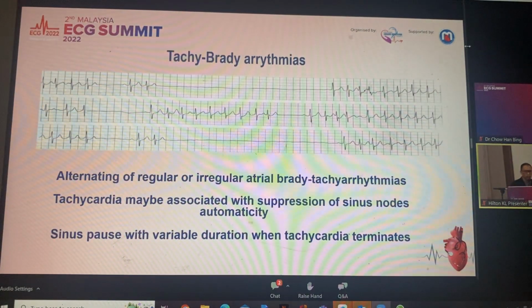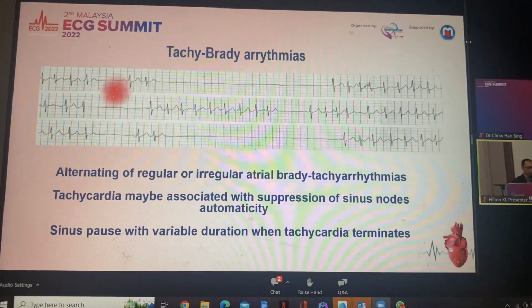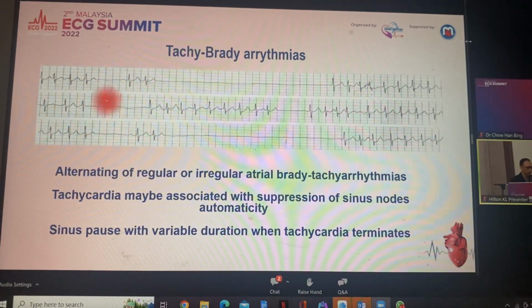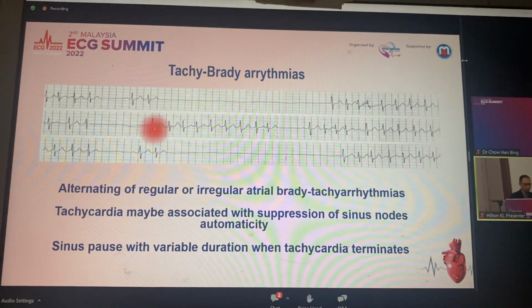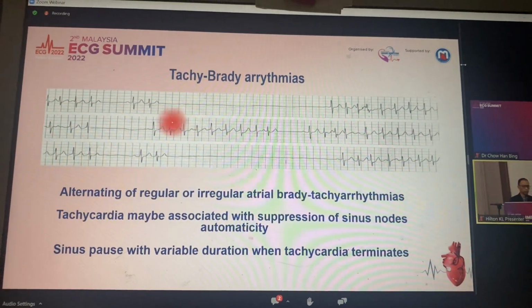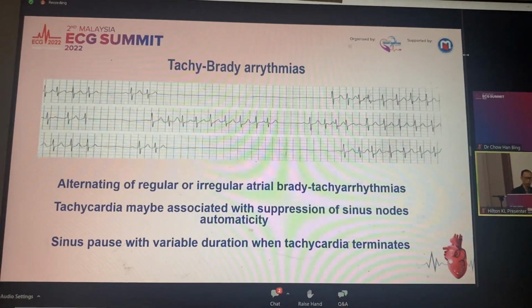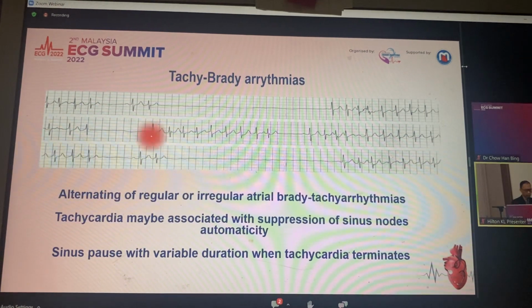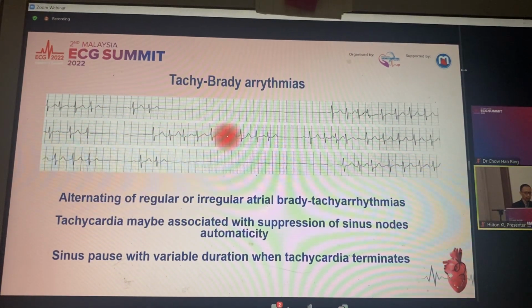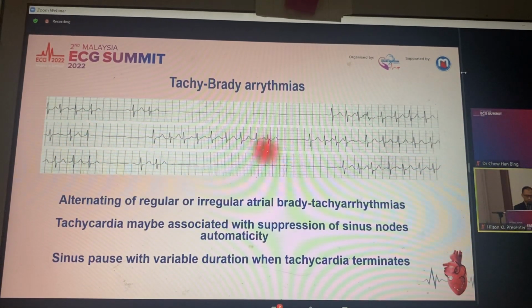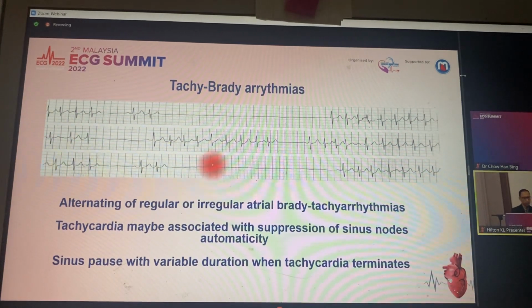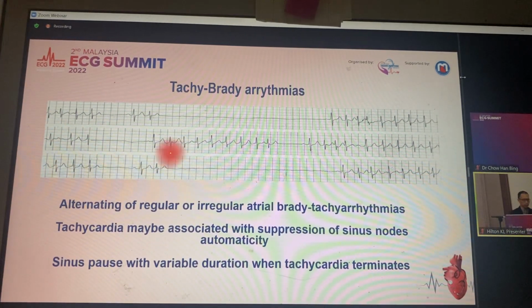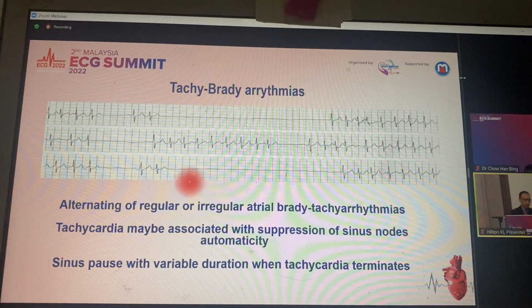The third presentation of SA node disease is tachy-brady arrhythmia. In my slide, there is an ECG strip showing alternating regular, or it can also be irregular, atrial tachyarrhythmia. Here we can see a burst of tachycardia followed by a sinus pause. How long the sinus pause lasts depends on how severe our sinus node disease is.